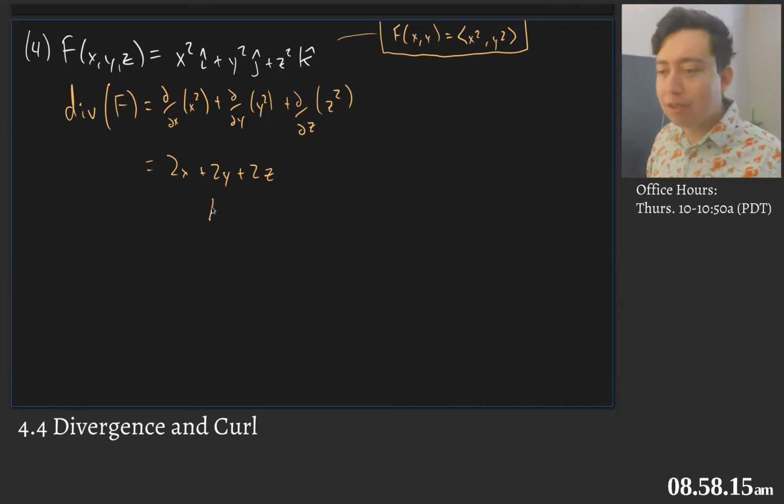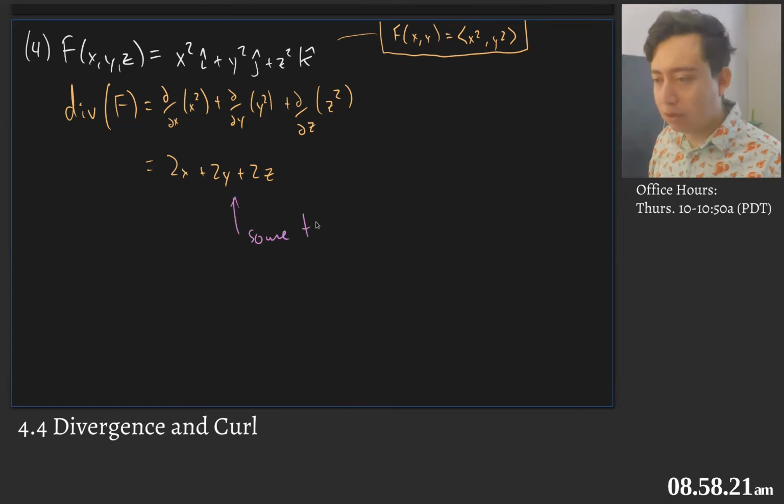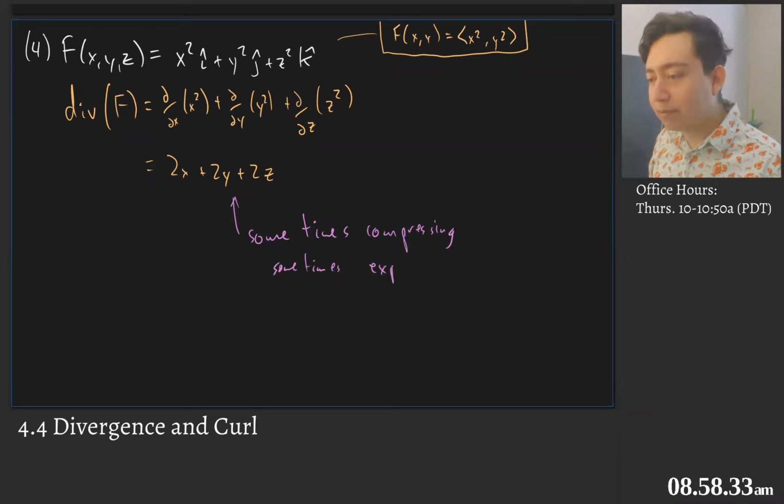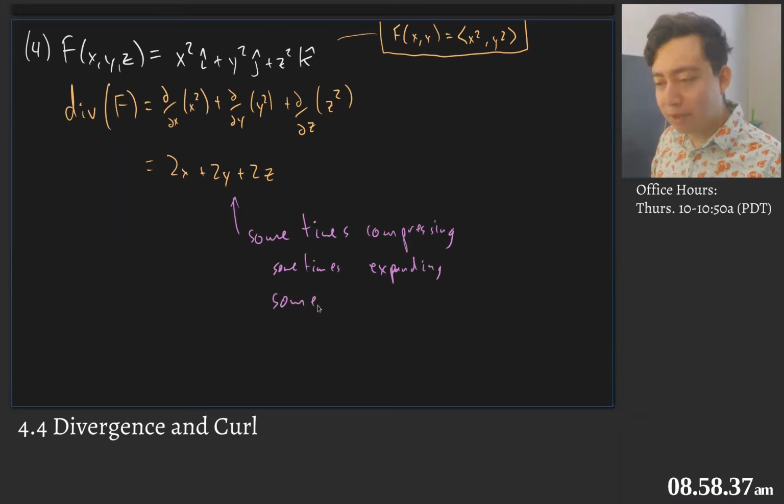So sometimes it's compressing, sometimes expanding, and sometimes neither, right? Because you can think of plenty of examples where you get 0 here.